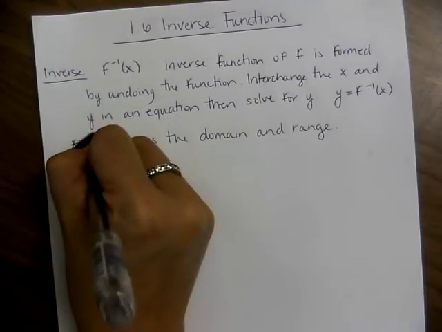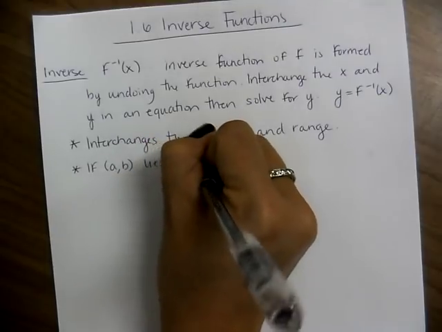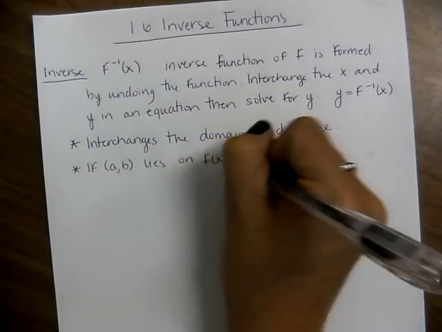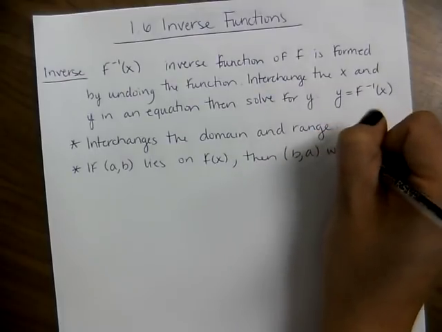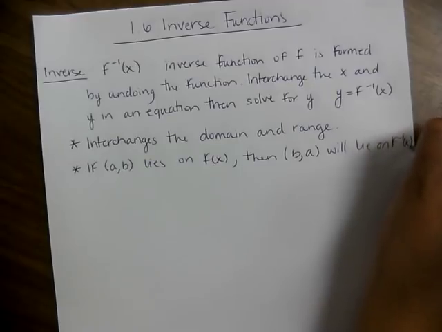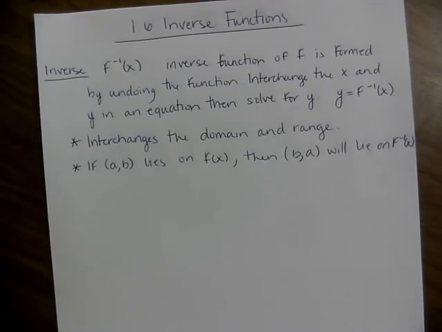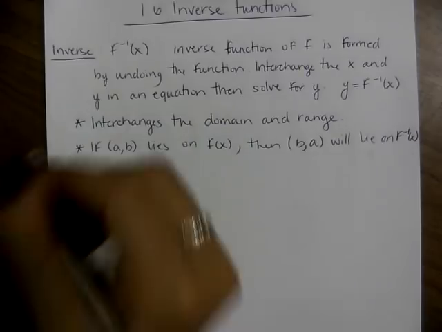If point (a, b) lies on f of x, then (b, a) will lie on the inverse of f of x. What that's telling you is that (x, y) now will become (y, x). They'll flip-flop.